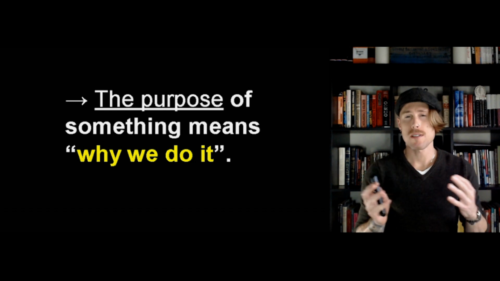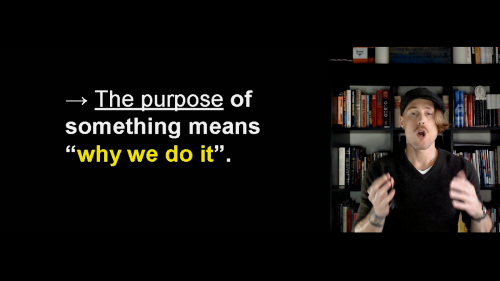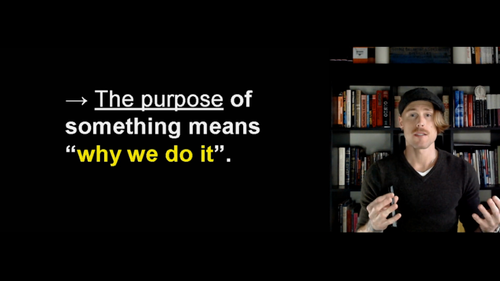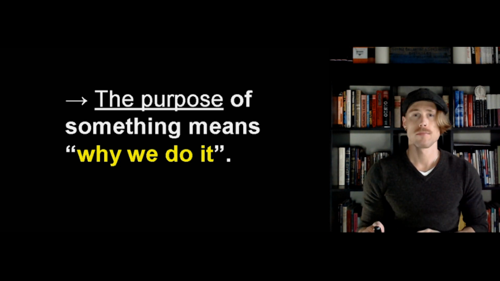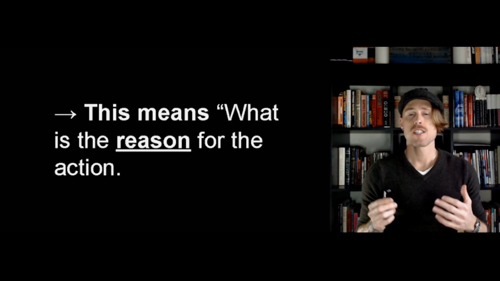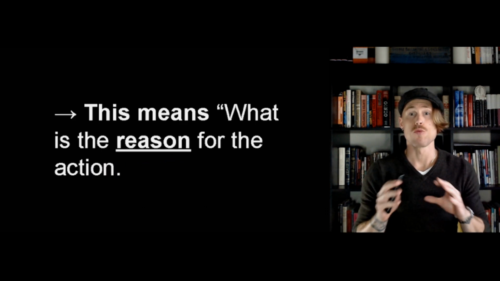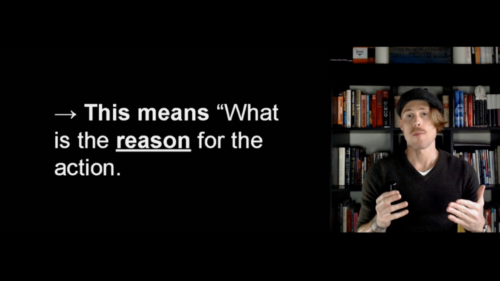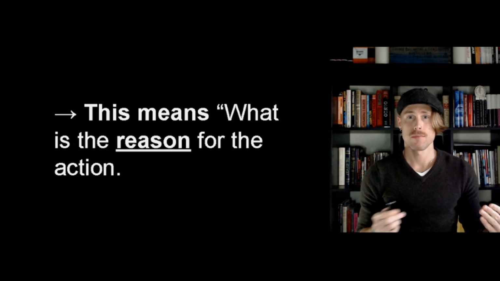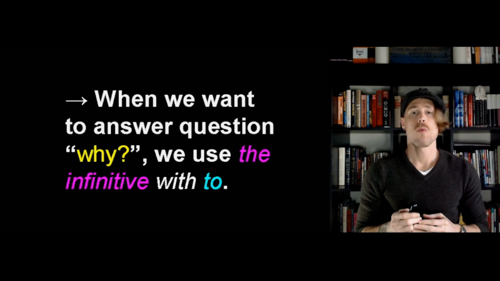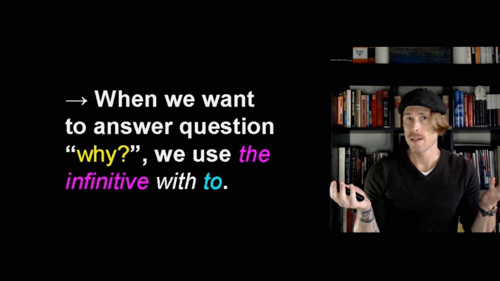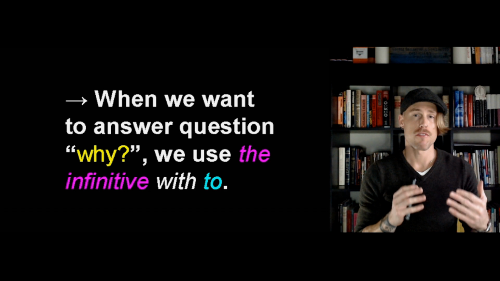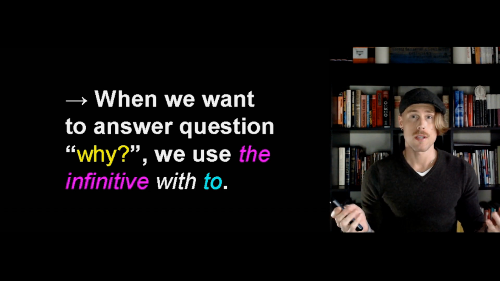The purpose of something means why we do it. This means what is the reason for the action. When we want to answer the question why, we use the infinitive with to.